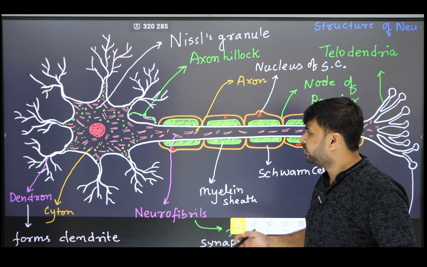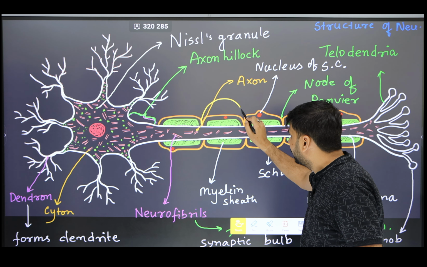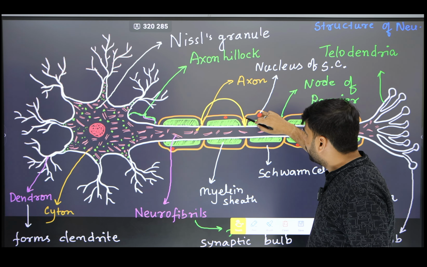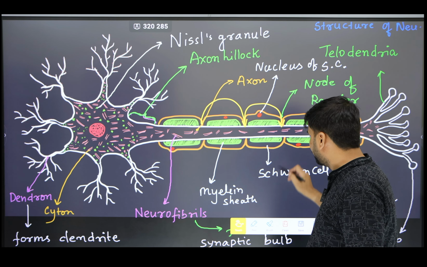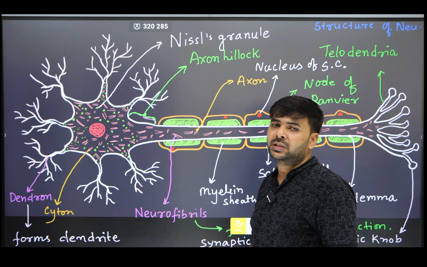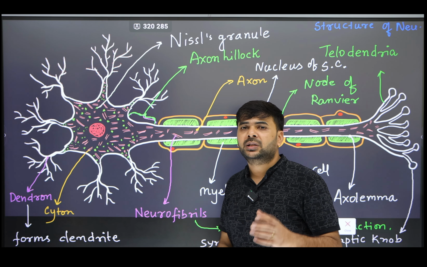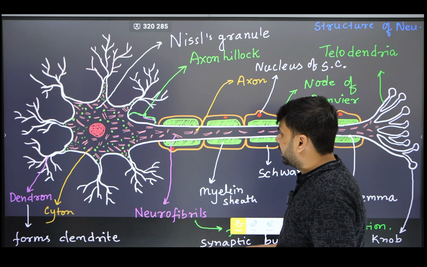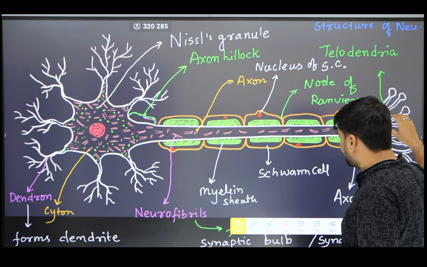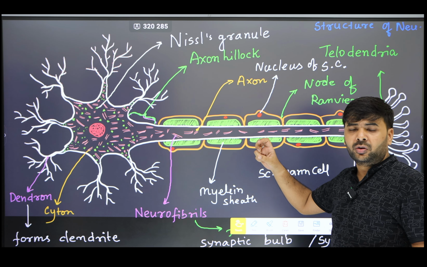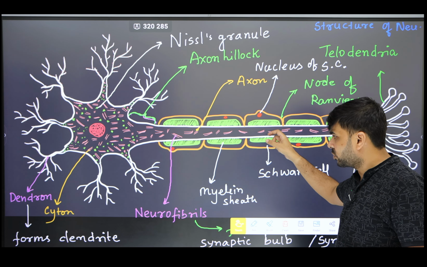The impulse jumps from one node of Ranvier to the next node of Ranvier. We will discuss that in upcoming classes when we discuss impulse conduction. So again, come back to this. This is the axon. The axon is very long; the longest structure of the neuron is the axon.